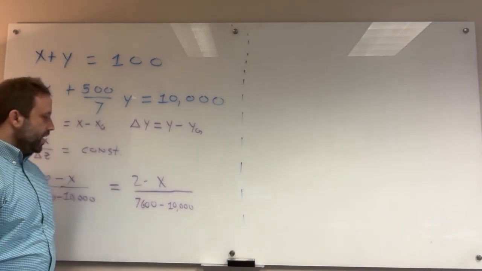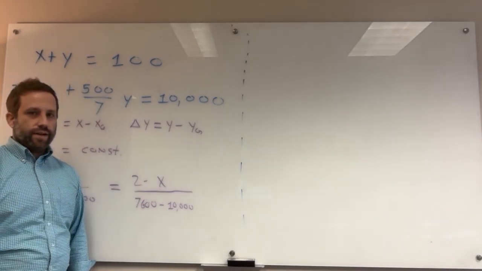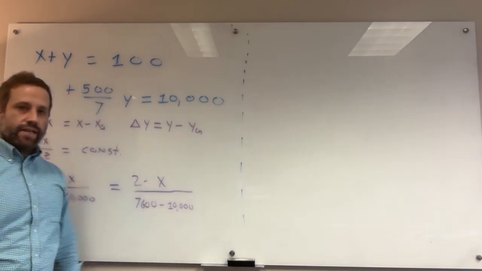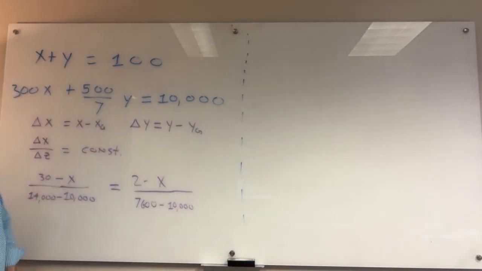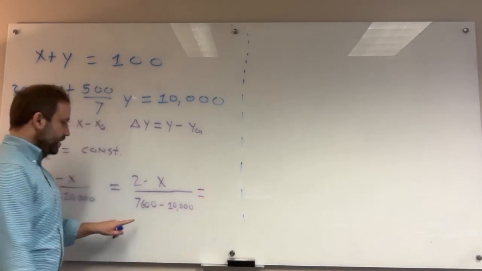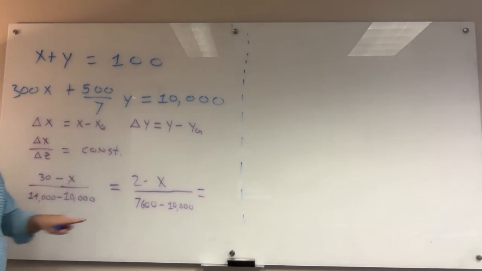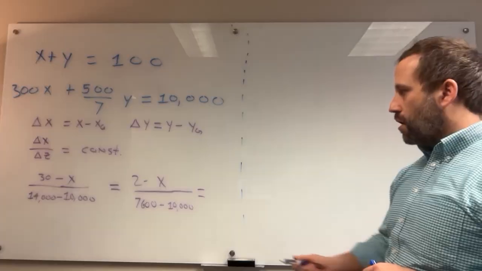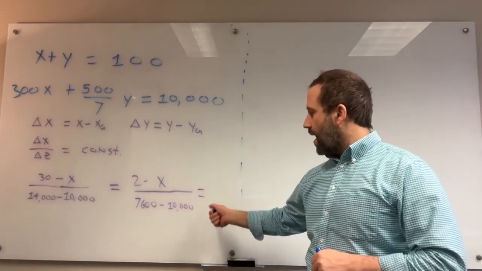Okay, so if the board suddenly looks different, meaning that side of the board over there, it's because when I was writing on the board, right here, I did 7,600 minus 10,000. And in my brain, that came out to 4,000. And so I wrote 4,000 in the denominator.